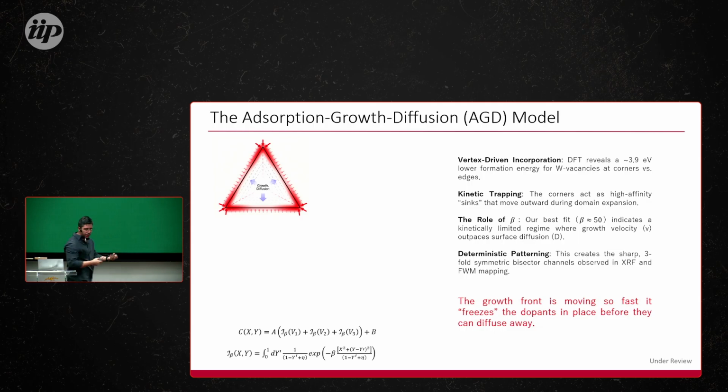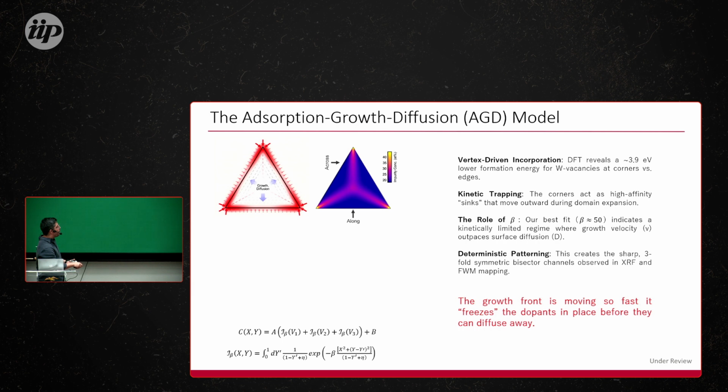So we propose a model that is actually just a convolution. We use this concentration estimation that we propose. I'm not demonstrating the equation here, but the most important feature is this beta parameter. The beta parameter in our experiments is around 50, and it indicates that there is a kinetically limited regime for the growth.